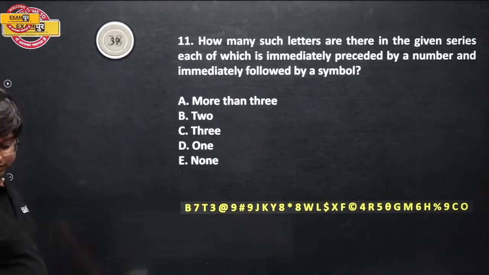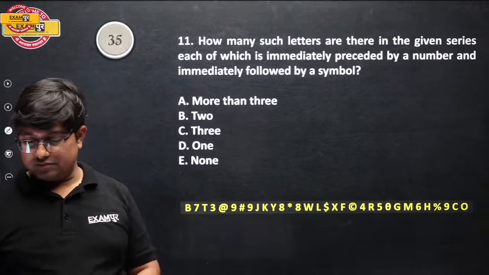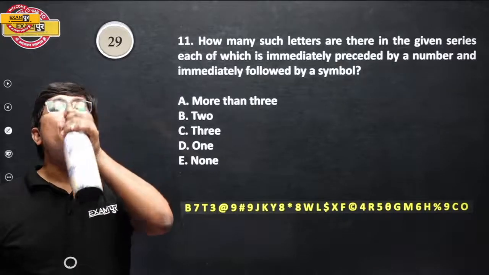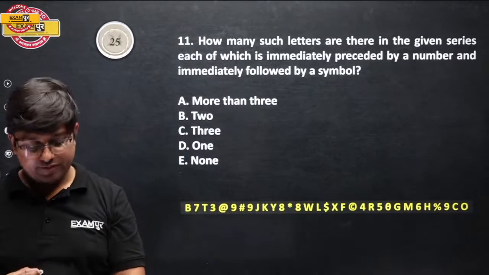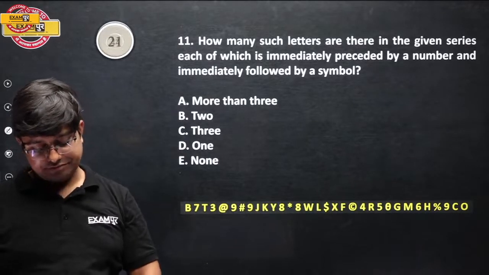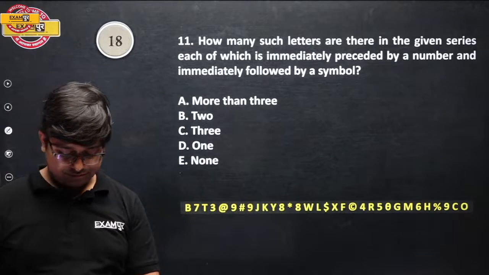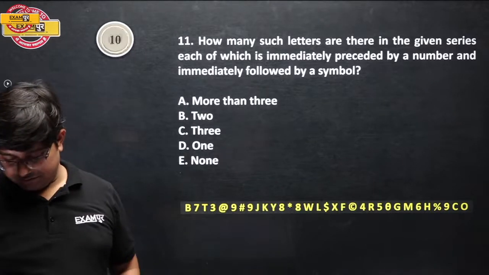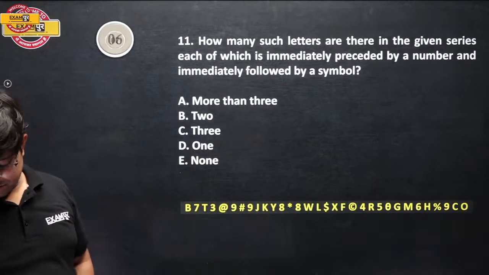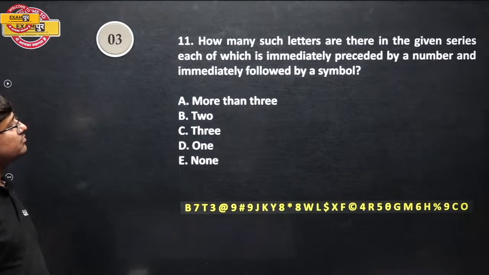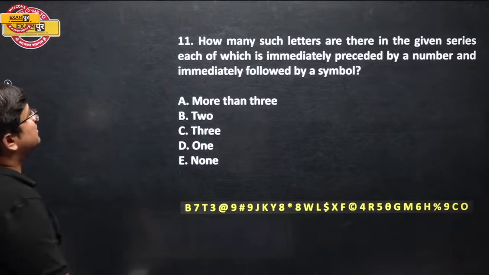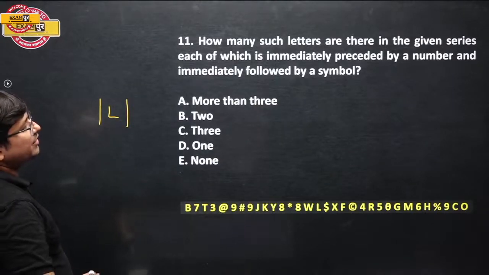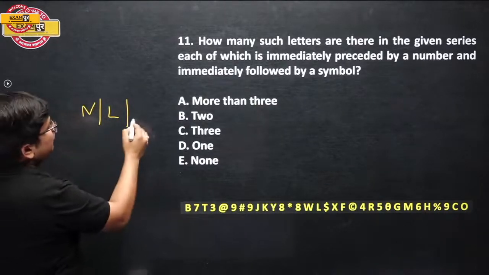Here we go. Quickly everyone. How many such letters are there in the given series, each of which is immediately preceded by a number and immediately followed by a symbol?